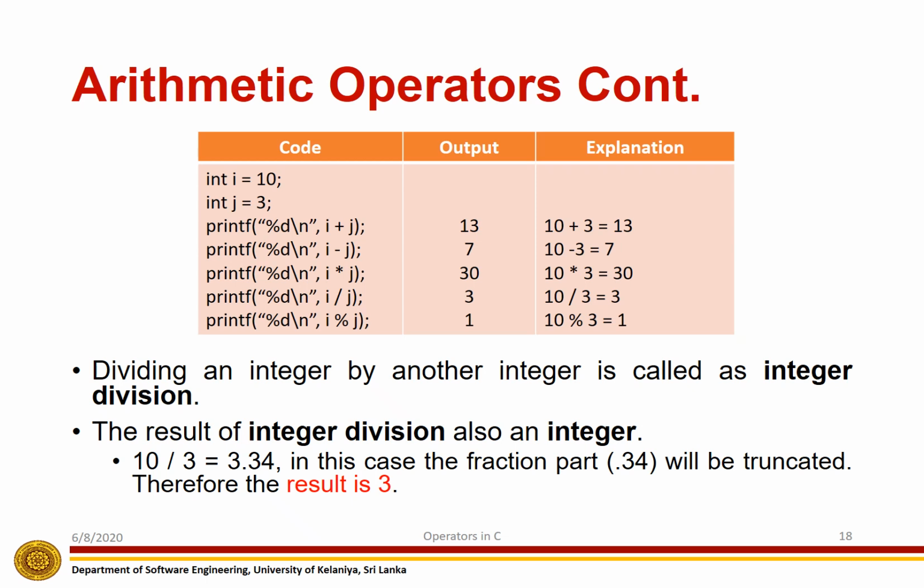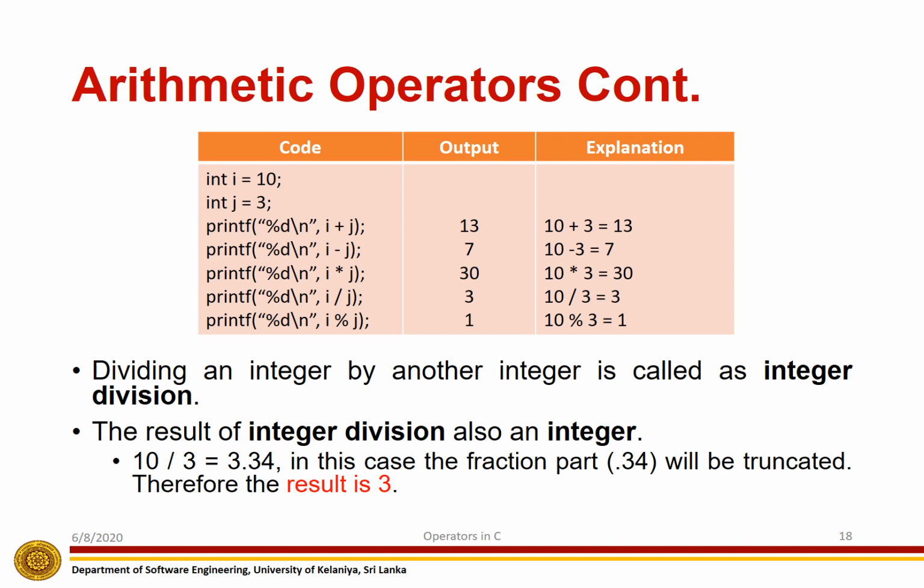Then the first one is i plus j. It means 10 plus 3, 13. That's okay. Then the second one, i minus j. It means 10 minus 3, 7. That is also okay. Then i multiplied by j, 10 multiplied by 3, 30, that's also okay.